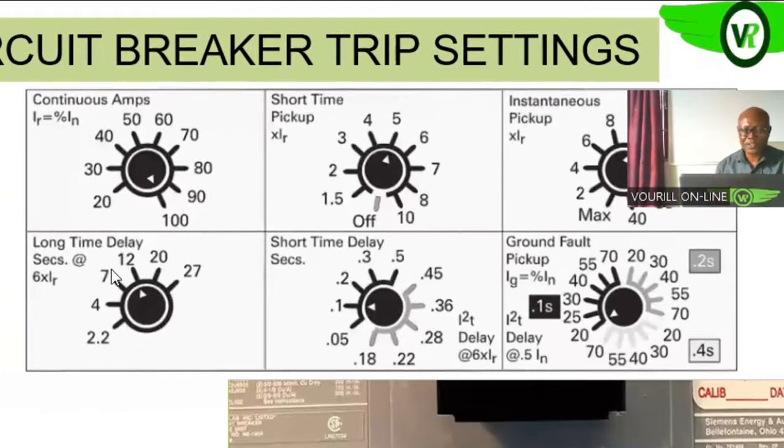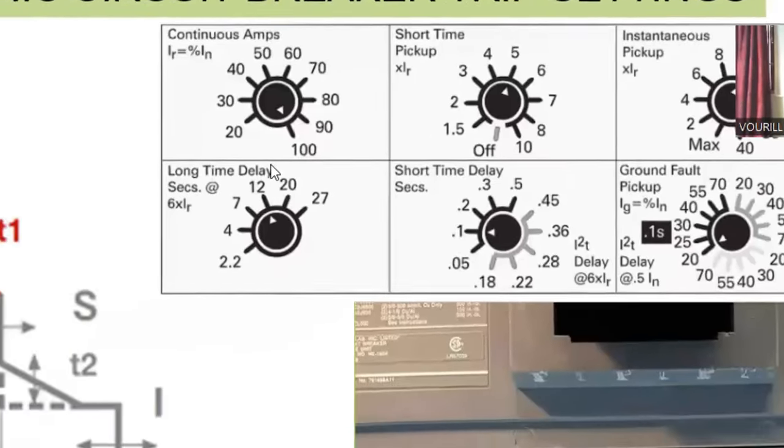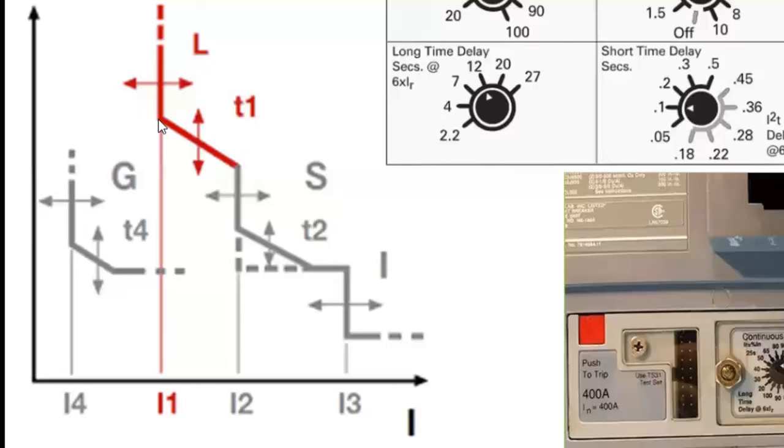Then if you go down here, this is the long time delay, okay? This long time delay, which is this area of the curve, and here is the long time pickup.